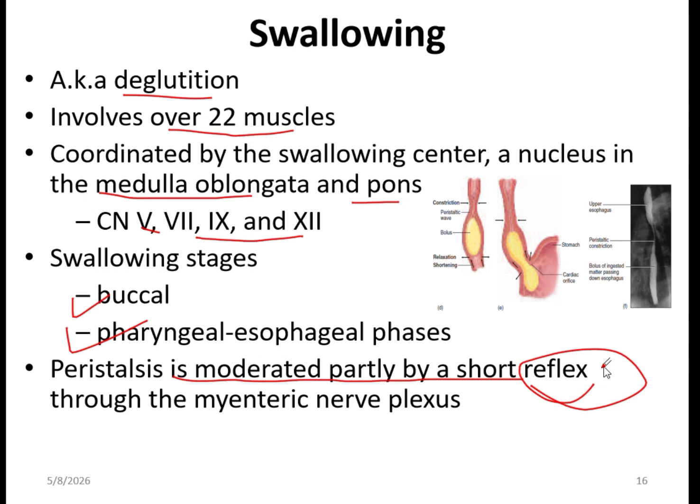Then in the esophagus, digestion and absorption are both completely absent. This is important for you. In the upper esophagus, serosa is absent, but tunica adventitia is present. So this is all about the swallowing part or the esophagus part.